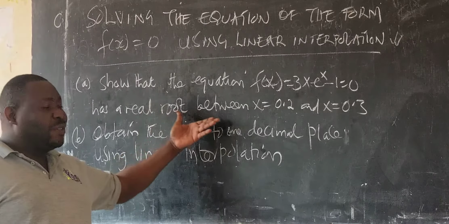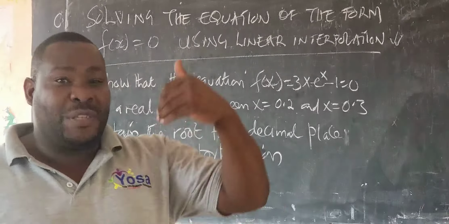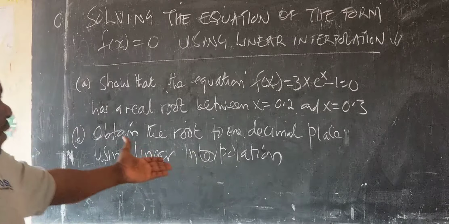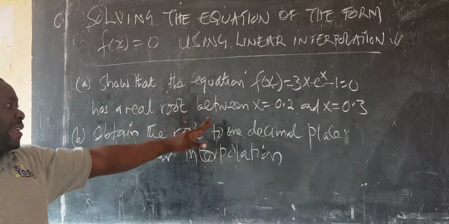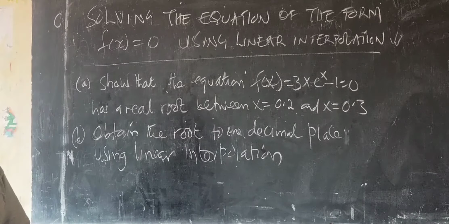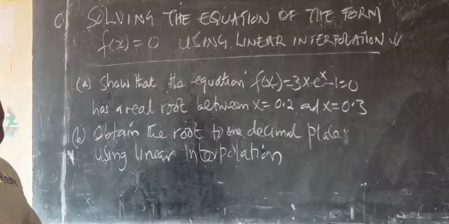In a question like this one, where they have not specified that you use a graph, don't use the graph because the graph is time consuming. In a situation like this one, we can easily show that the root of the equation lies in the interval 0.2, 0.3 by using the change of sign method. If we used the graphical method, it would consume a lot of time.